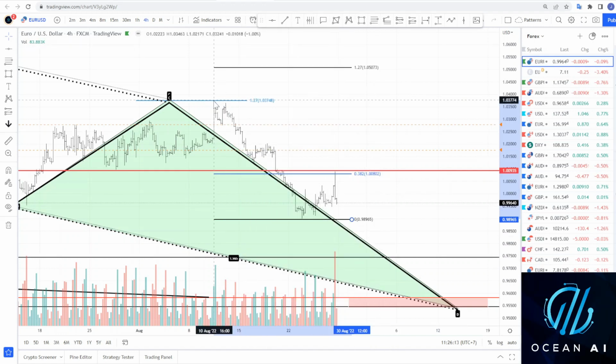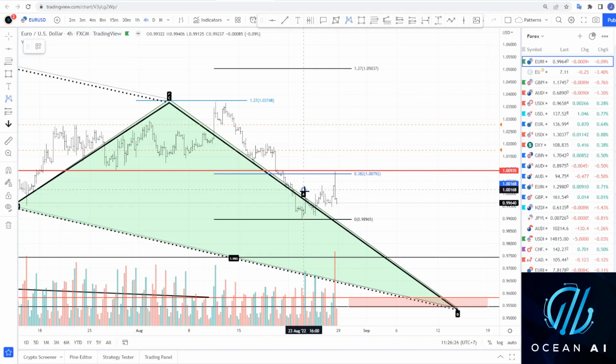If we go from this high here, what we had on Friday was a 382. So we had this correction. You've got multiple ABCDs in here with a 3 drive to a top. So we had this one, drive 1, drive 2, down to here, and then the drive 3 up into the 382.